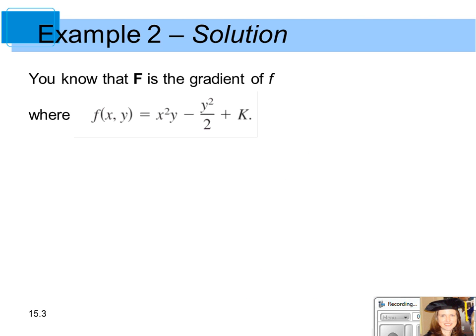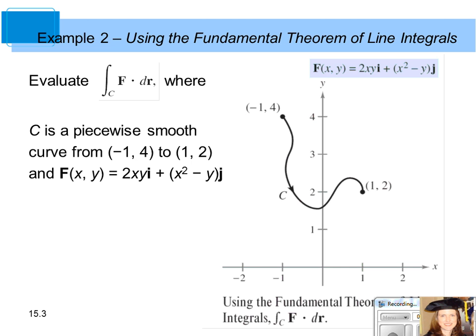And then you want to find the antiderivative of M with respect to x and N with respect to y to find that potential function. You can go back to the previous section to review that, but you're integrating 2xy and you're integrating x squared minus y. Integrating 2xy with respect to x, you get x squared y plus some constant that could have y's in it.